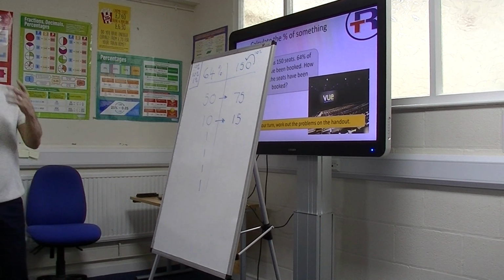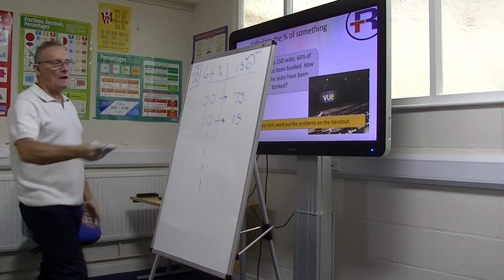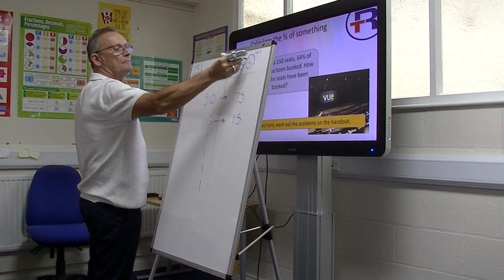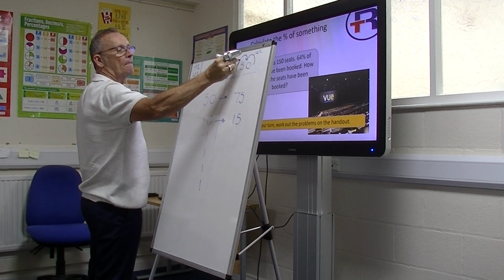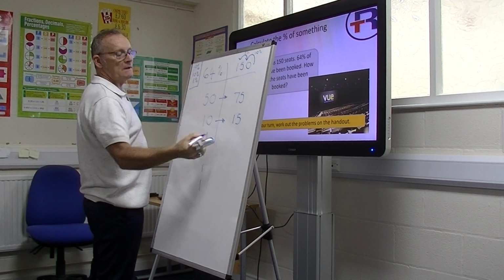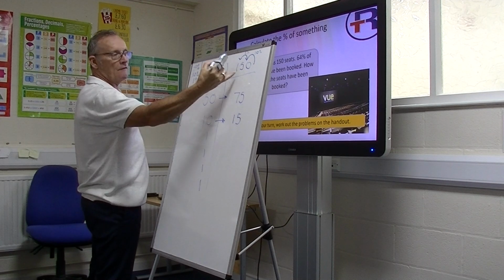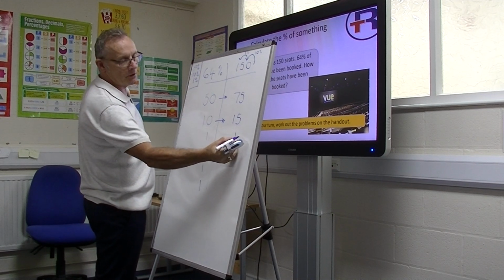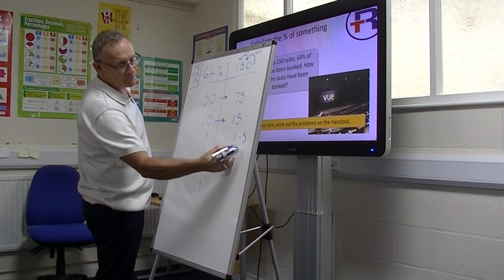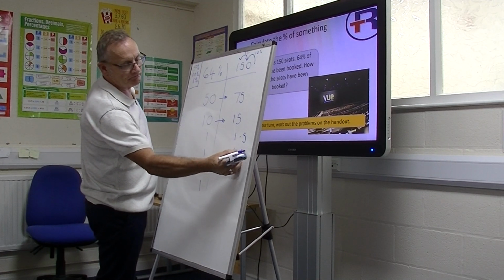If I need to find 1% of 150, I move that decimal point one more place to the left. Which means that 1% of 150 is 1.5. That repeats itself 4 times.